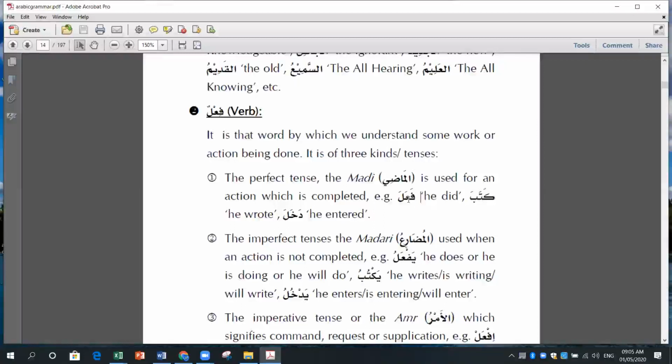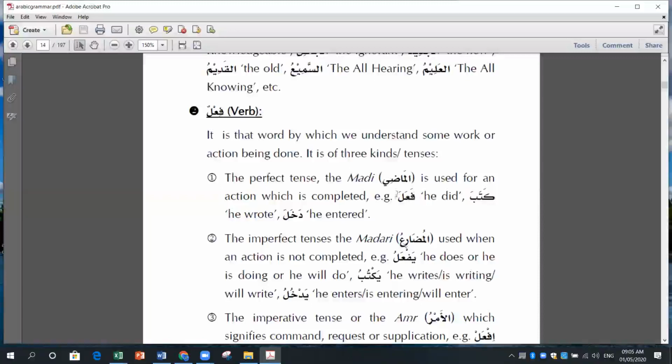These are the total three possible scales. Any word that comes in fi'l madi will follow one of these three scales. The sound will be like fa'ala, or fa'ila, or fa'ula, right?